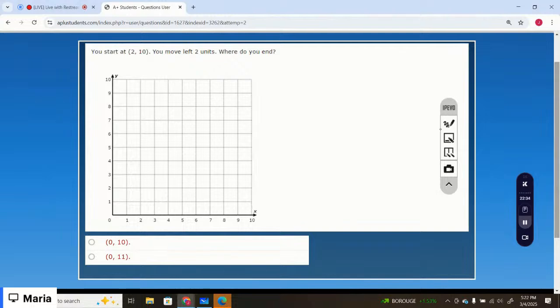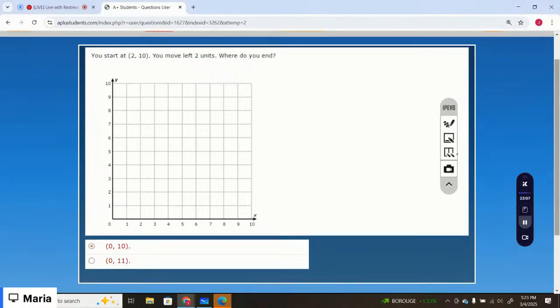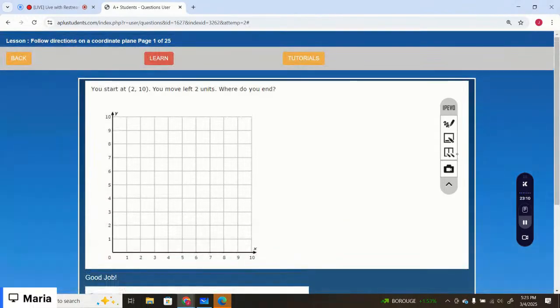X is 2, y is 10. So here is the point 2, 10. You move left 2 units: 1, 2. So you end up at 0, 10. Option number 1 is the correct option. 0, 10 it is.